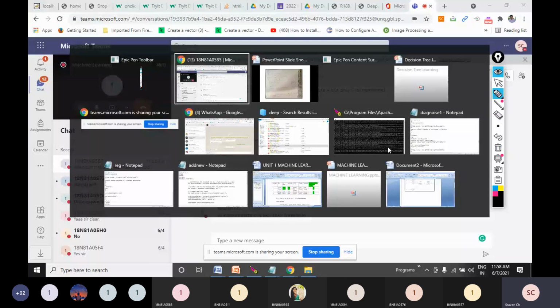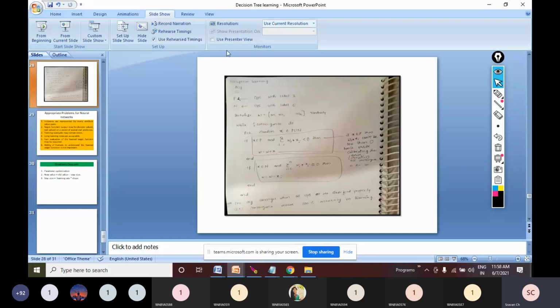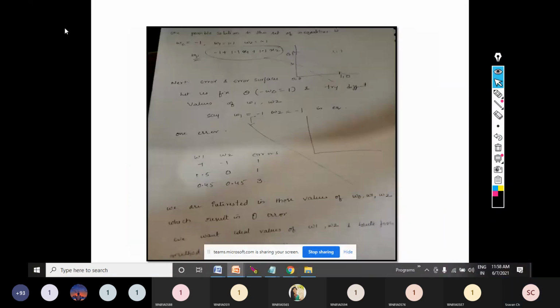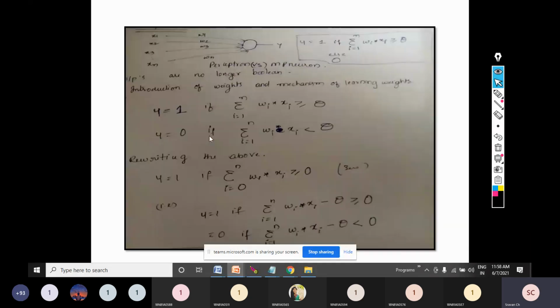So if we go back, if you observe here, see this one, please observe this carefully. As per the perceptron output function, sigma of Wi into xi minus theta is less than 0.